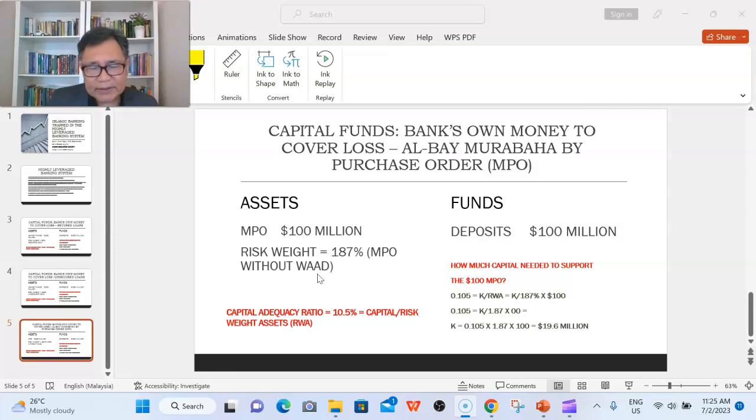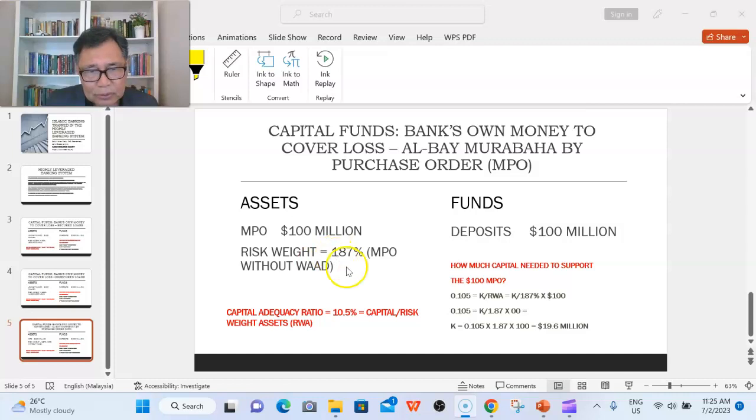legally purchase the machine or the subject matter. So there is no contract tied into this MPO, and therefore the customer can decline the purchase if desired. So this is a risky MPO, and therefore the credit risk weight accorded to it is 187%, or using the basic indicator approach under market risk, it is 15%.